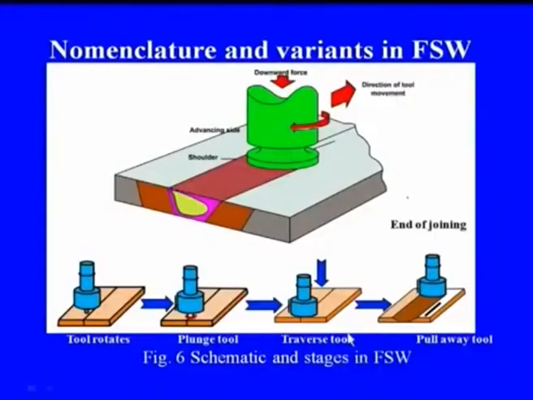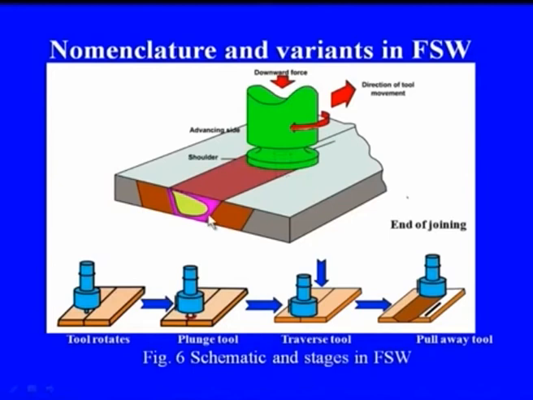So, this is the schematic of a friction stir welding process. This is what I was talking about a few minutes ago. On the screen the schematic is there. These are the two plates to be joined, the basic plates, and this is the interface.